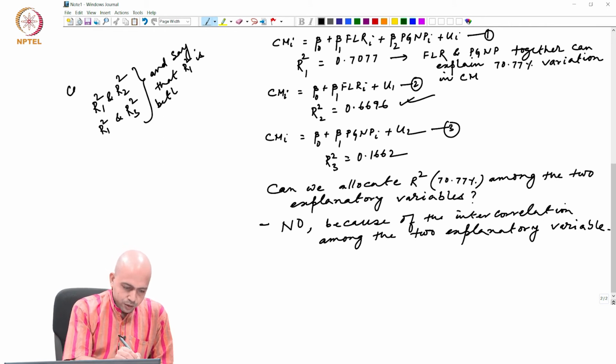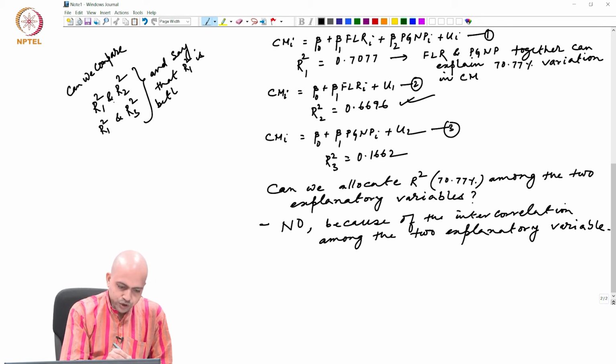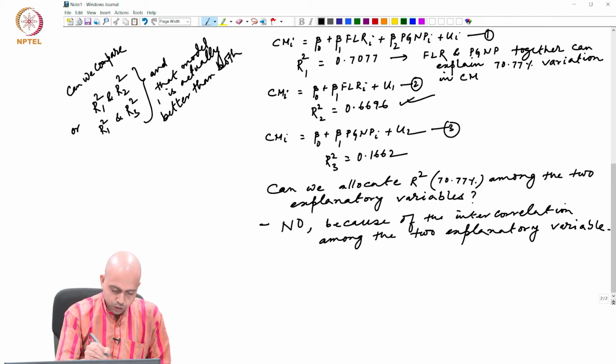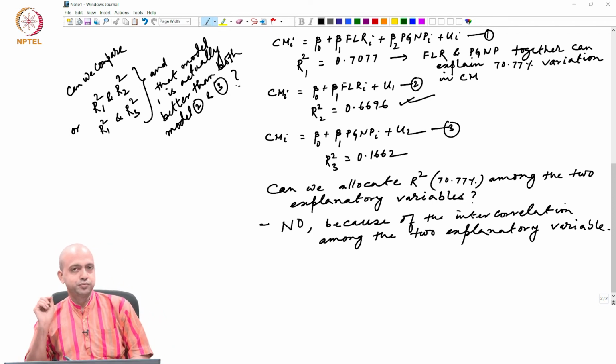So, can we compare R1 square and R2 square, or R1 square with R3 square, and say that model 1 is actually better than both model 2 and 3? This is an interesting question.